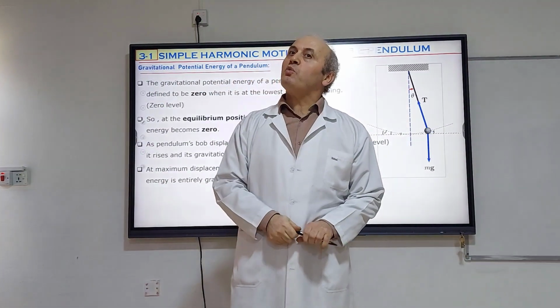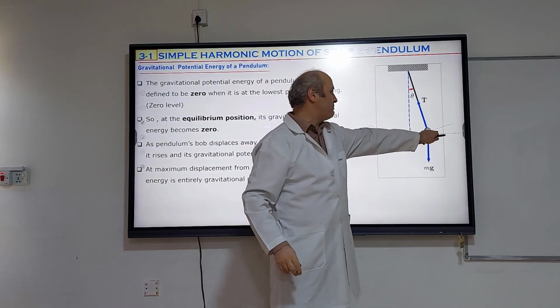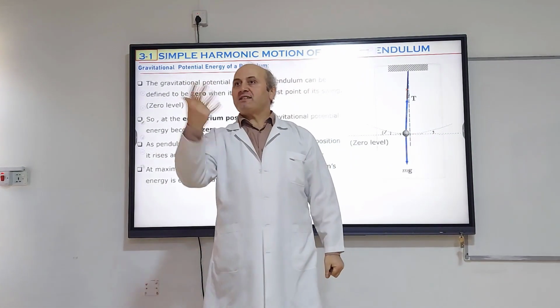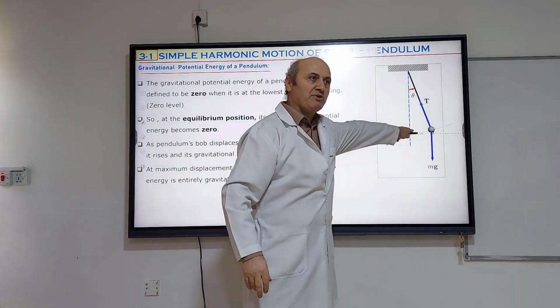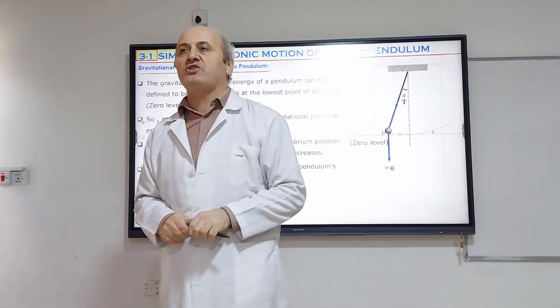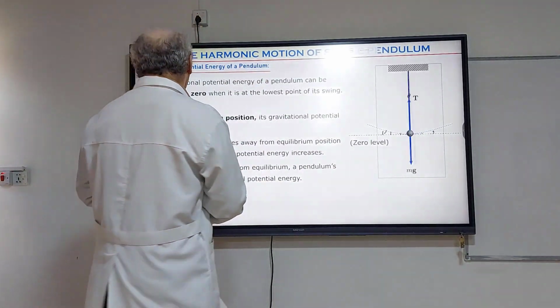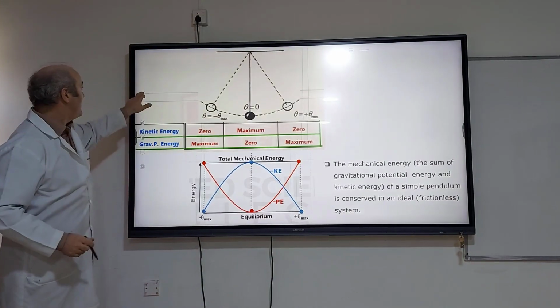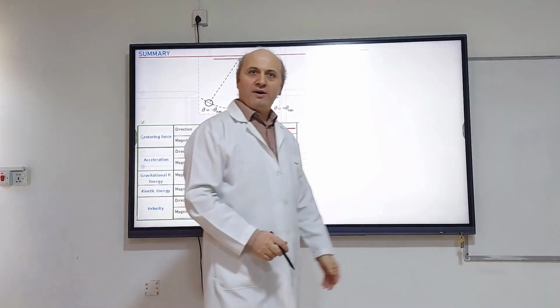Elastic potential energy was maximum at maximum displacement. Gravitational potential energy is also maximum at maximum displacement. Elastic potential energy was zero at the equilibrium position. Gravitational potential energy is zero at the equilibrium position. So how elastic potential energy changes, gravitational potential energy changes the same way. That's why this table is the same for both the mass spring system and the simple pendulum.